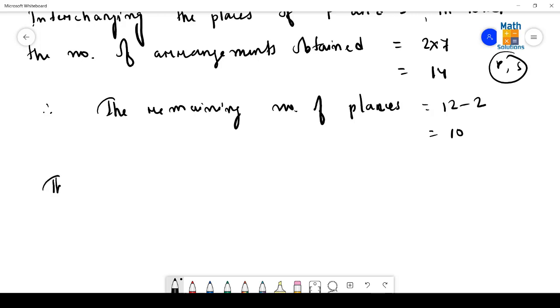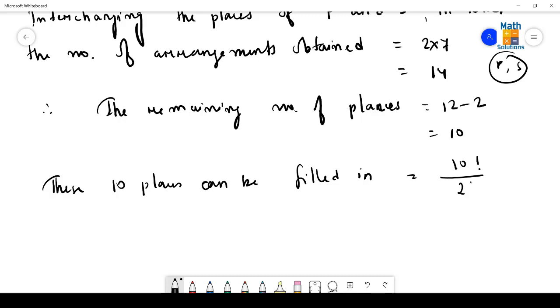These 10 places can be filled in how many ways? 10 factorial ways, of course. That should be made distinct, and in what way can this be made distinct? Dividing this by 2 factorial. This 2 factorial is for what?